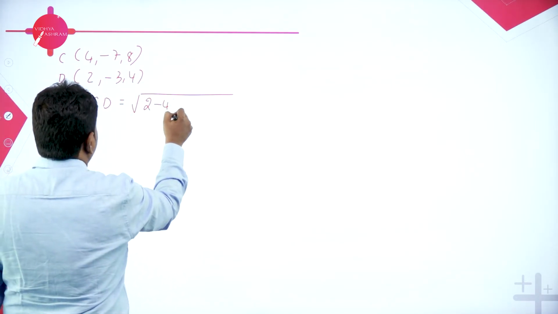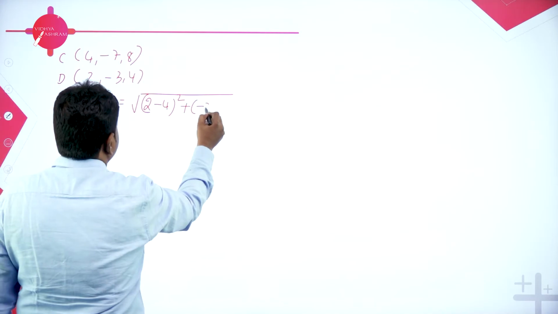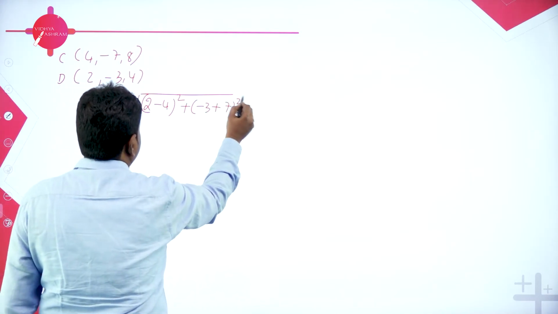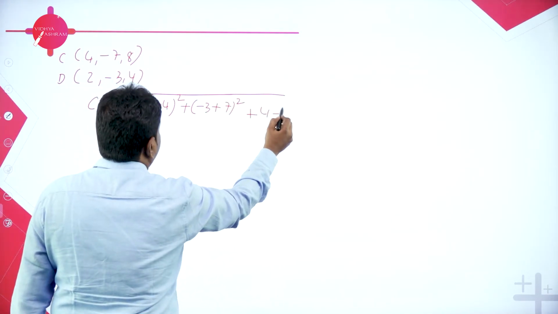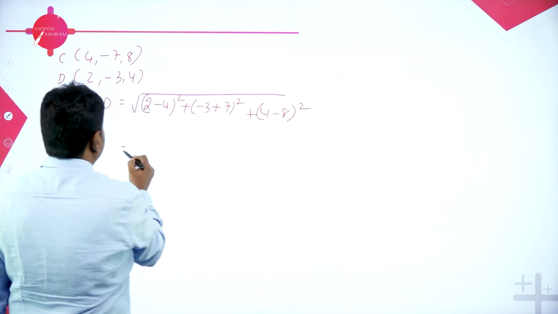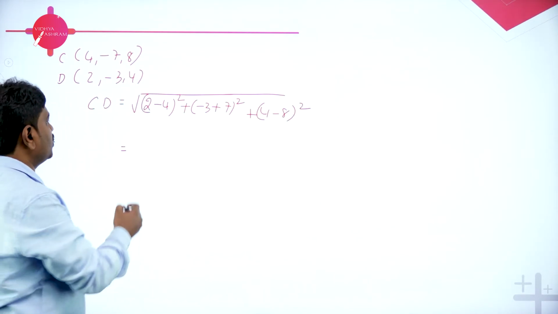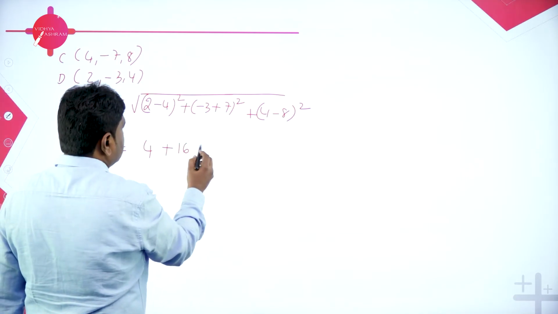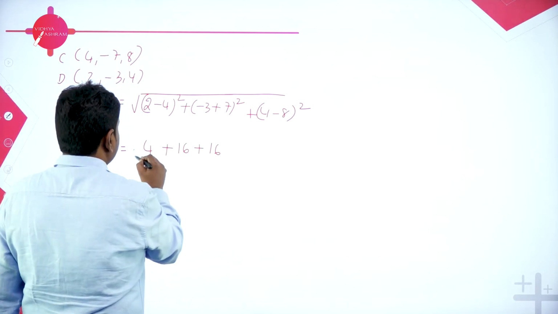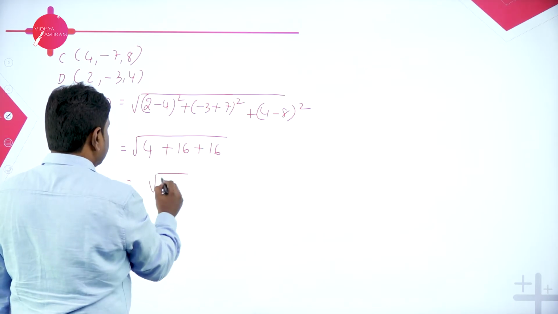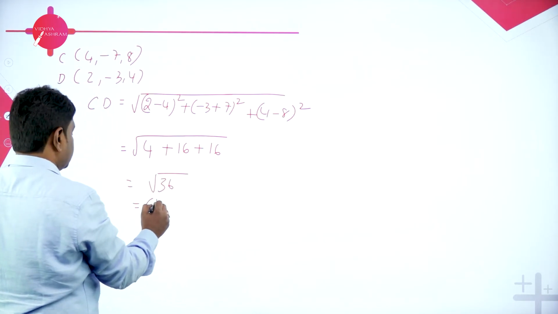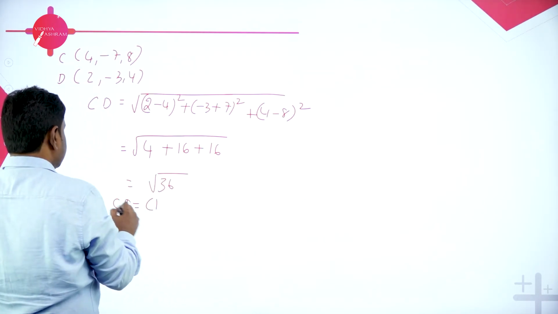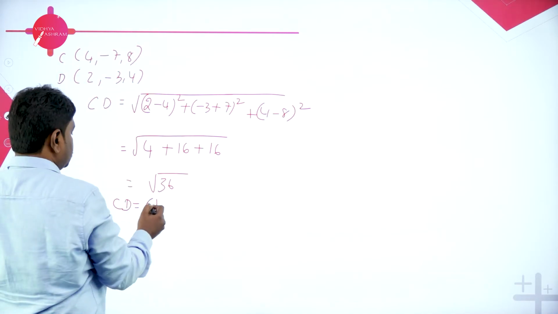So 2 minus 4 the whole square plus minus 3 minus of minus 7 becomes plus 7 the whole square plus 4 minus 8 the whole square. Simplify, 2 minus 4 is minus 2 the whole square is 4, and 4 square is 16, and again 4 square is 16, so you will get root 36, that is 6. CD becomes exactly 6.